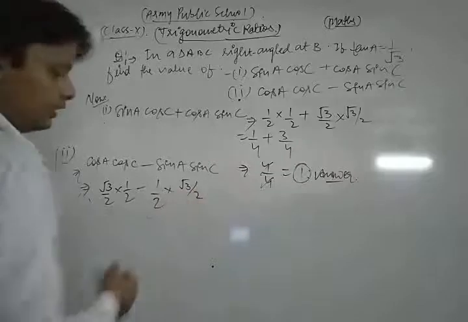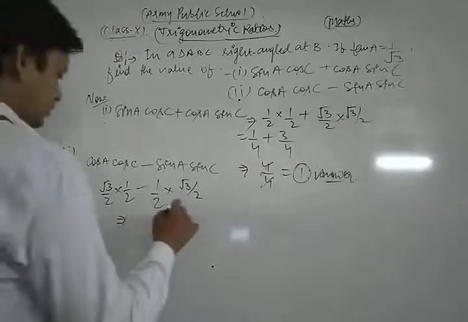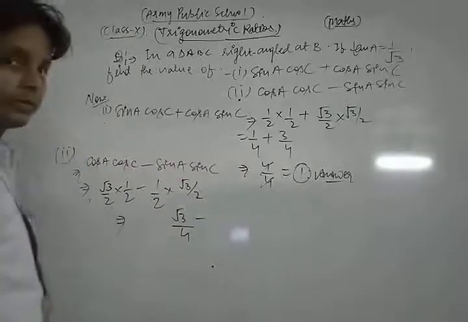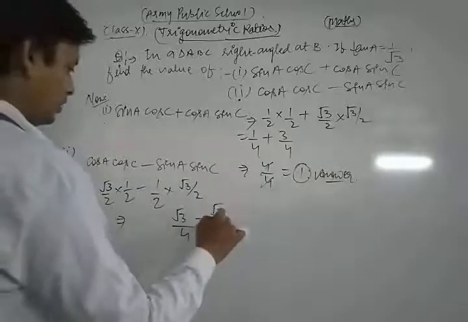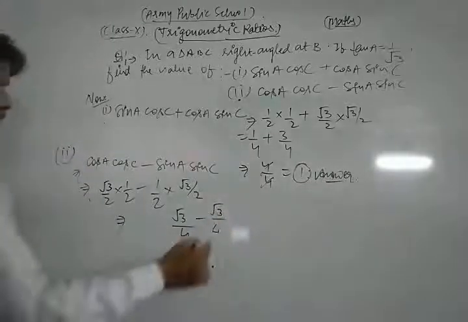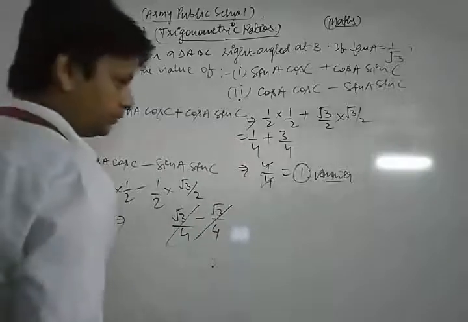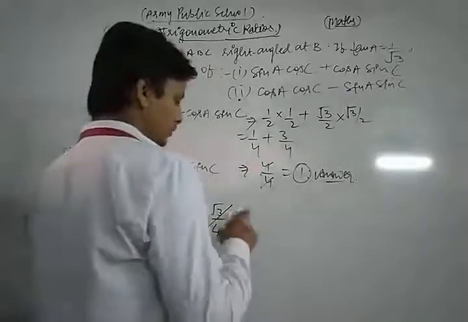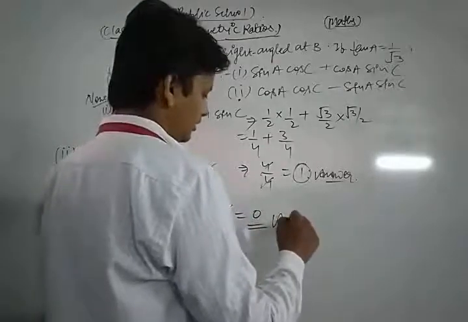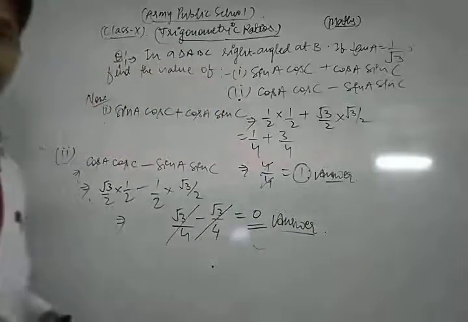Okay. Now we simplify them. So we get root 3 by 4 minus root 3 by 4. Root 3 by 4 and root 3 by 4 cancel to each other. So we get 0. This is the required solution of the given question.